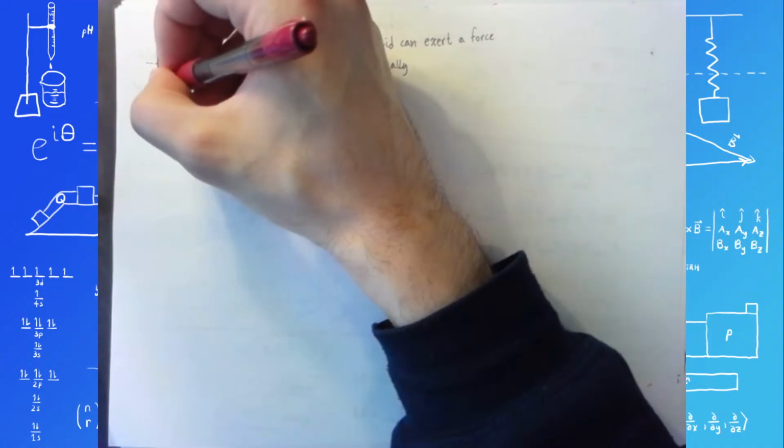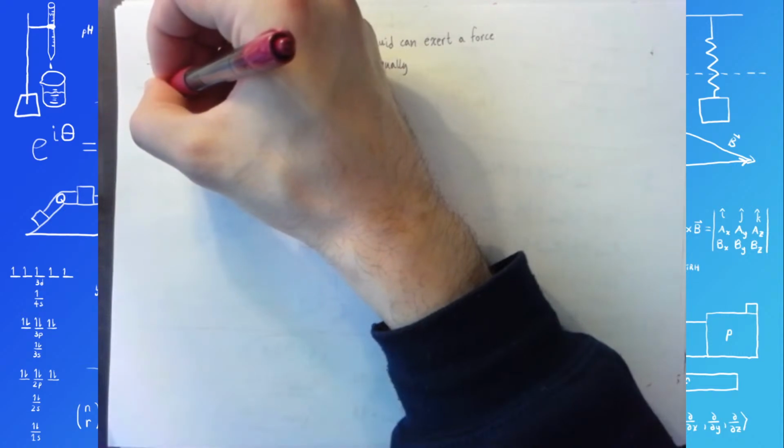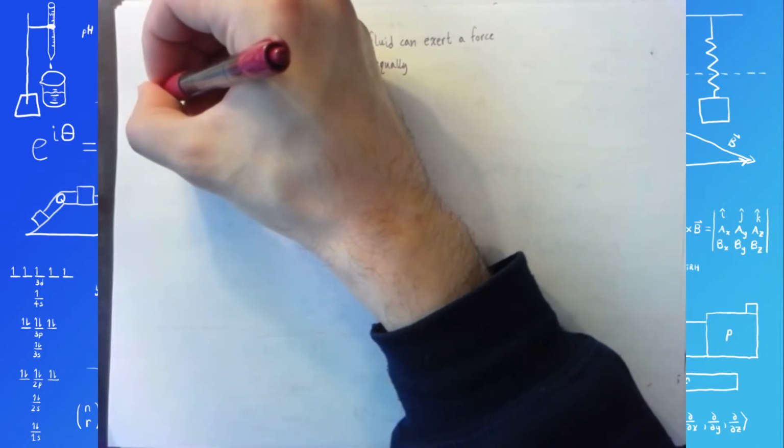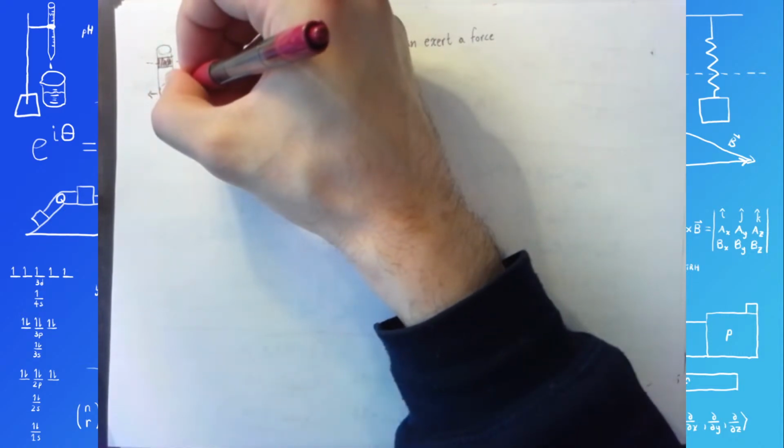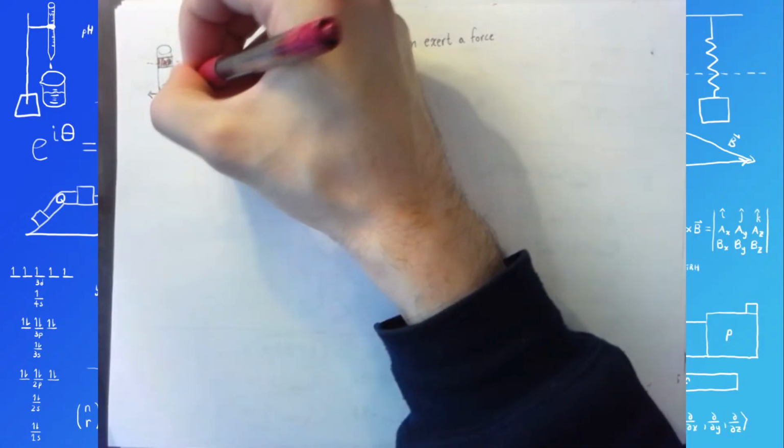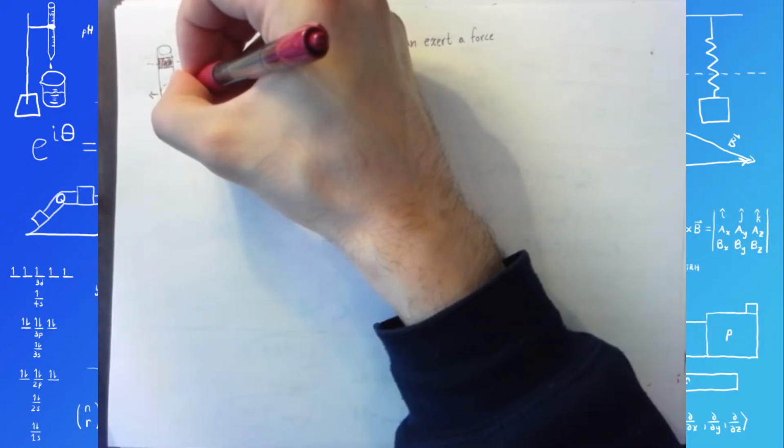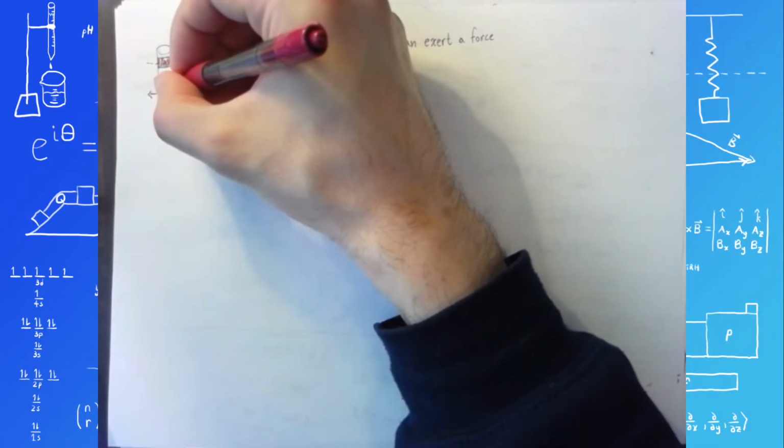So the sides of the tube, if they are at this depth, the sides of the tube are experiencing some outward force that's equal to whatever the pressure is at this depth times the area.